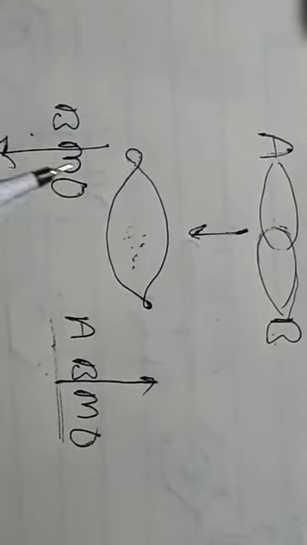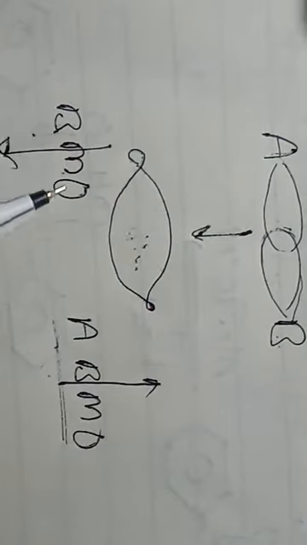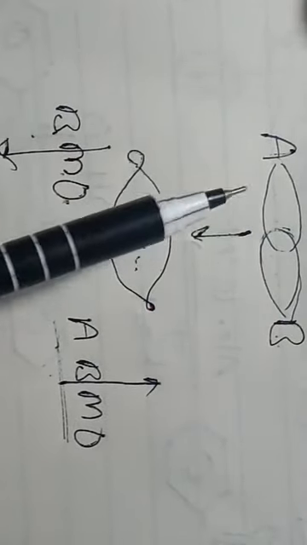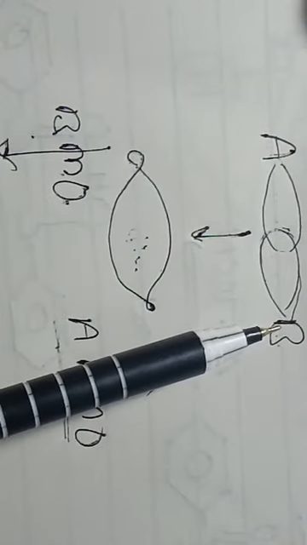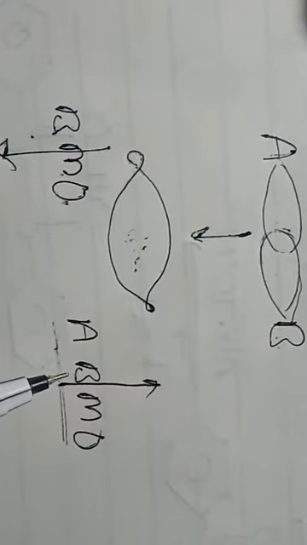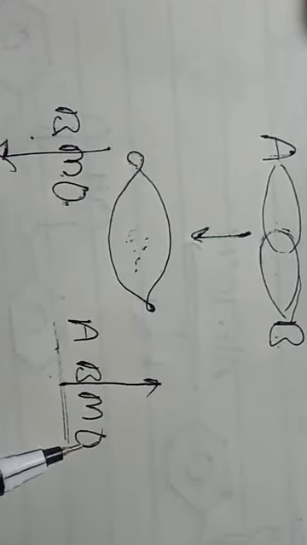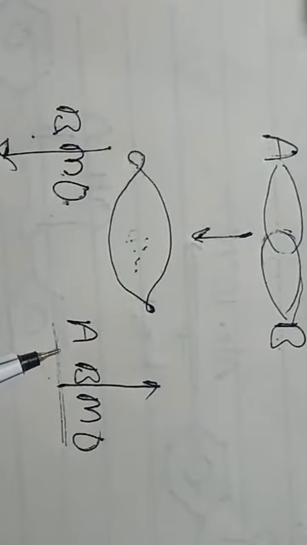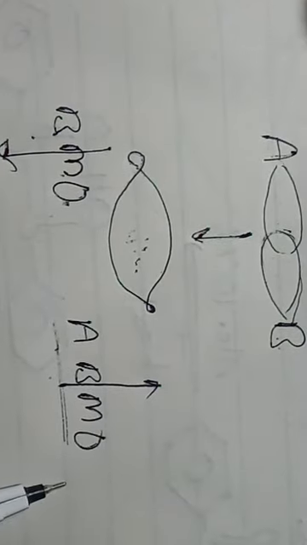Okay students, so this BMO has energy less than the related atomic orbital and also less than the anti-bonding molecular orbital. So BMOs are more stable than the atomic orbital and also than the anti-bonding molecular orbital.